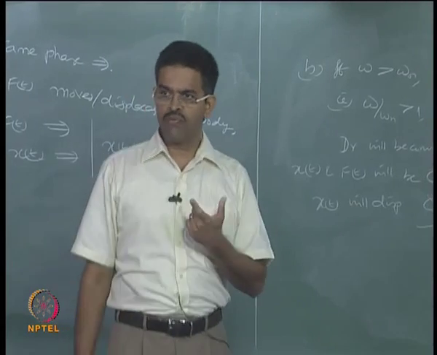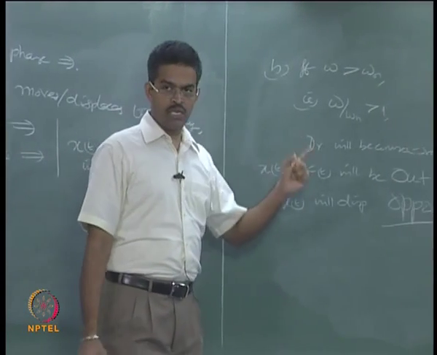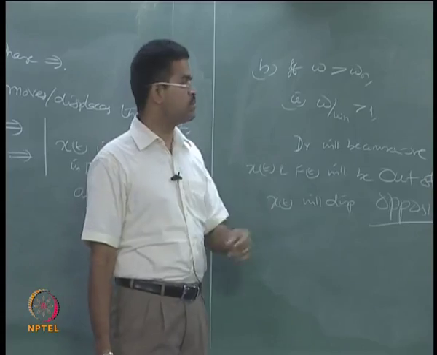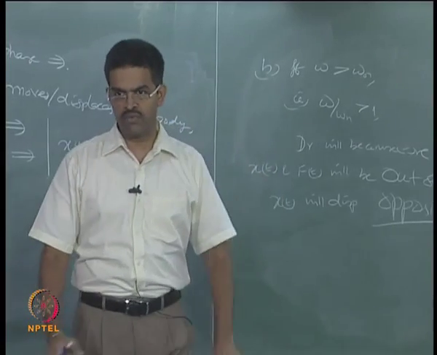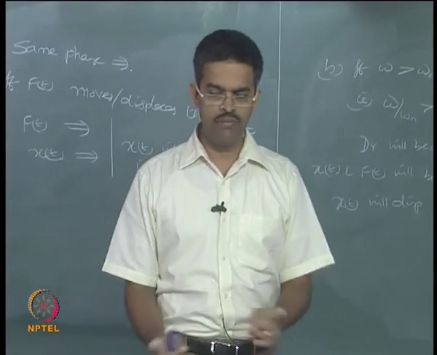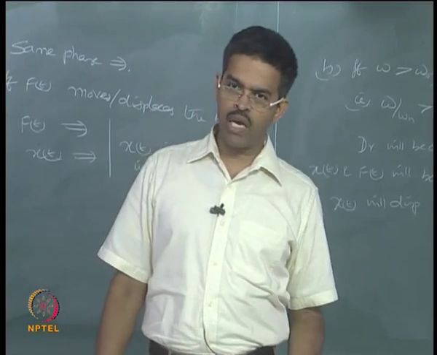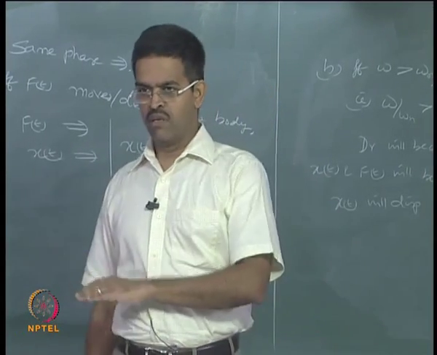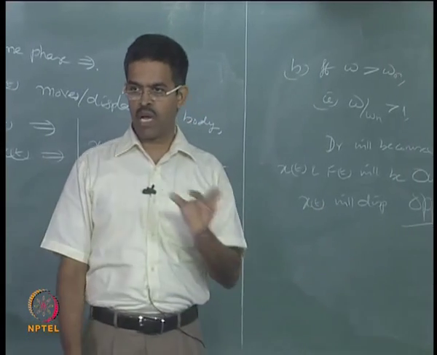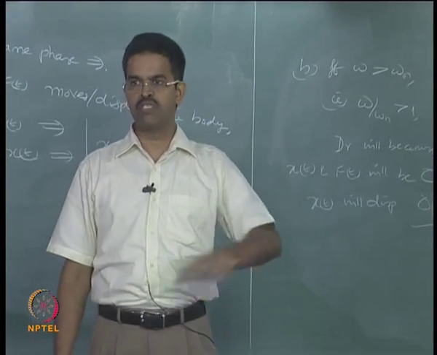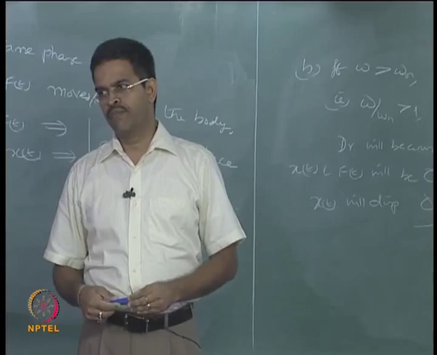Now, remember very carefully here, both these conditions do not tell you what happens at omega equal to omega n. Okay, that is very important here. Please do not confuse. These are two distinct domains, omega less than omega n, omega greater than omega n. It is silent about omega equals omega n. What happens, we are going to see that. Okay, that is very important.